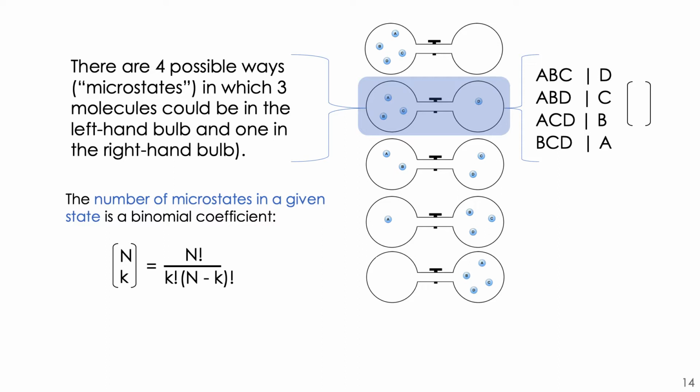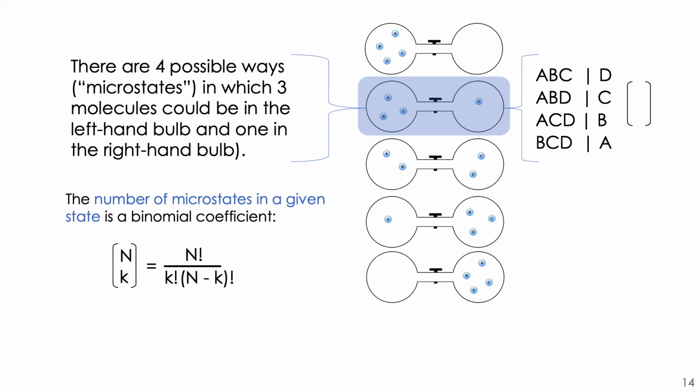So the number of microstates in a given state is a binomial coefficient. Binomial is this funny way of representing a number, in parentheses with one number on top of the other and no line in between. This is read as n choose k.